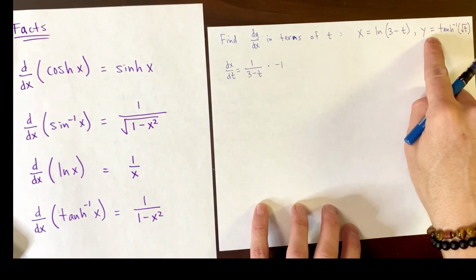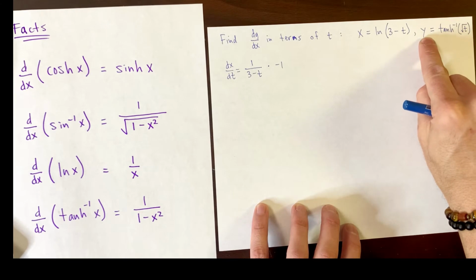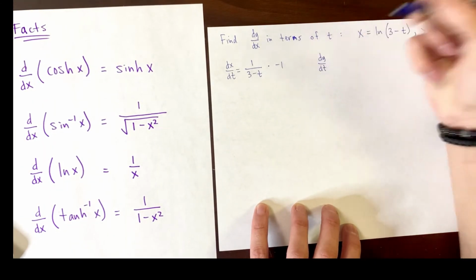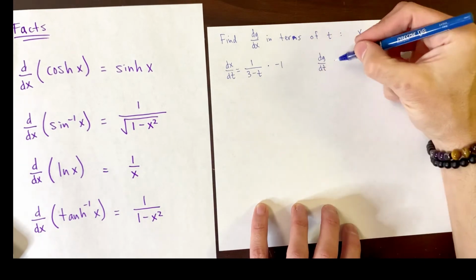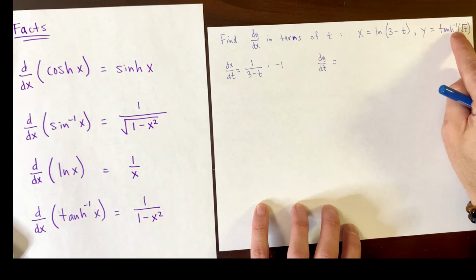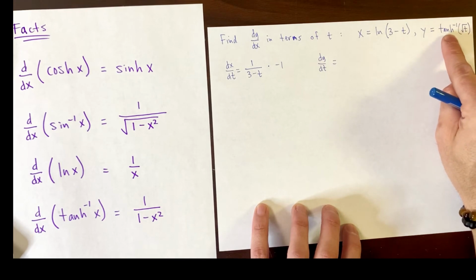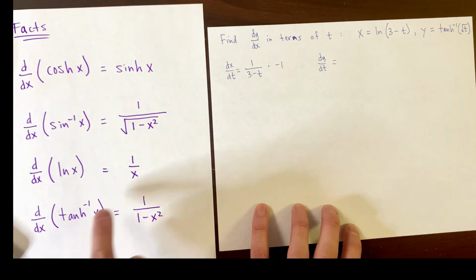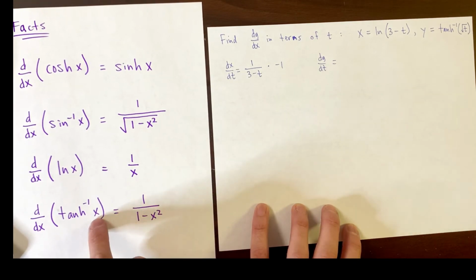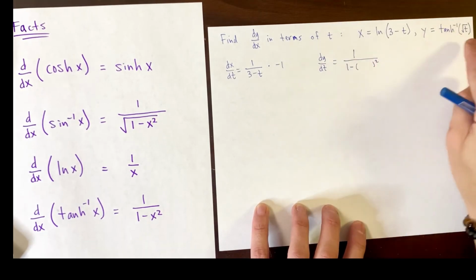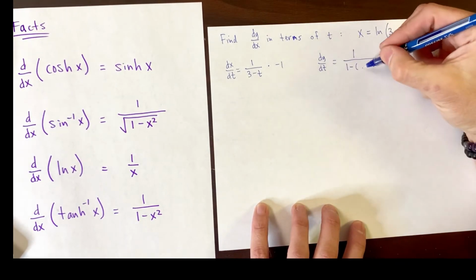Now let's find dy/dt. So take the derivative of y with respect to t, dy/dt equals. Now what's the derivative of this here? This is the inverse of hyperbolic tangent of that. So the derivative of that is 1 over 1 minus that thingy squared. So what should go in here? Whatever object that is, square root t.